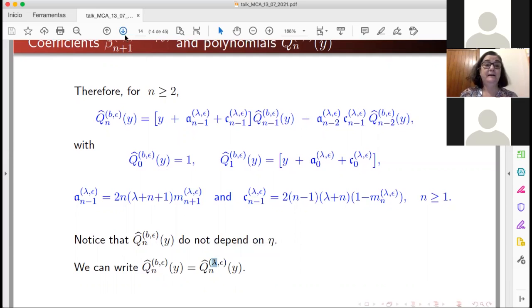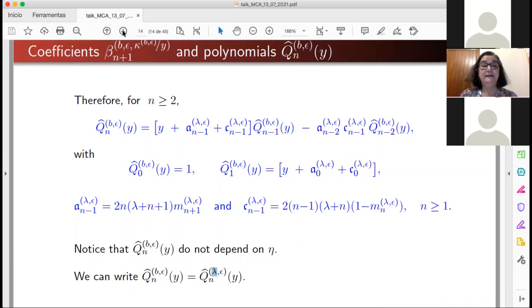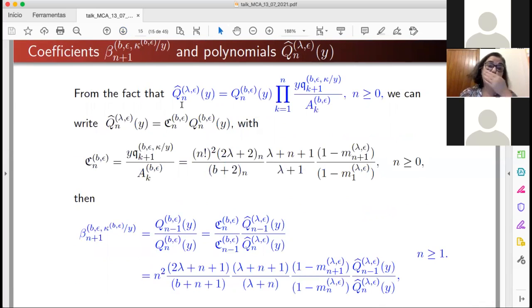So let's now write the new information about the coefficients beta. Remember that we wrote the monic polynomials as this, and at the beginning we supposed that beta is written in terms of q n minus 1 over qn.